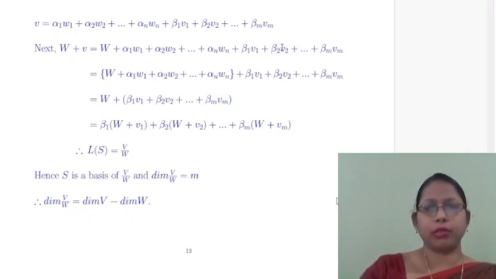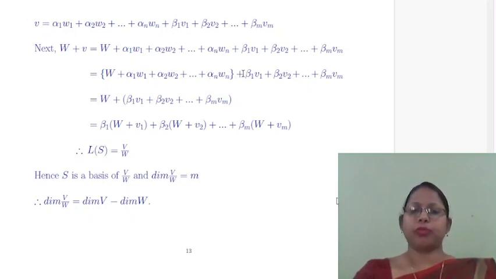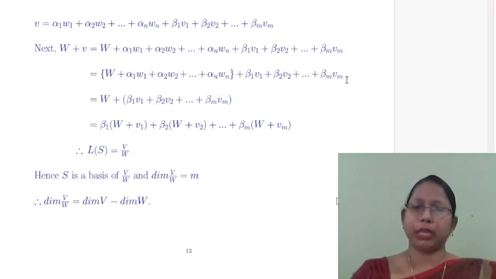The next step I will take up is this term, that is W plus alpha 1 w1 dot alpha n wn plus beta 1 v1 plus dot beta m vm.